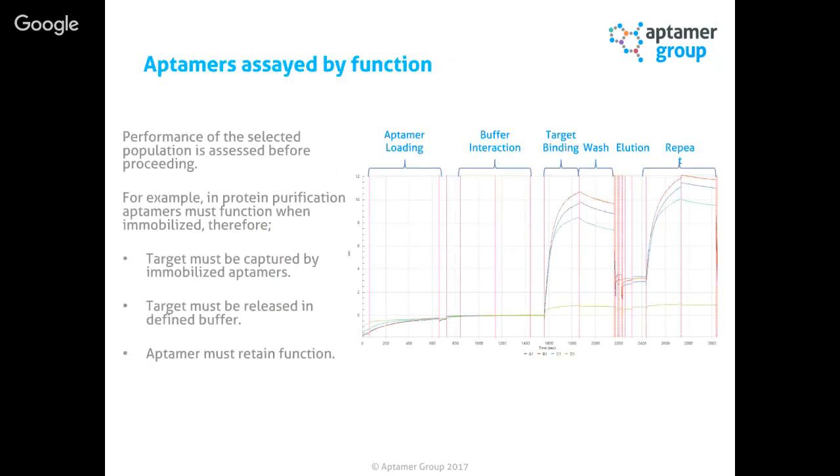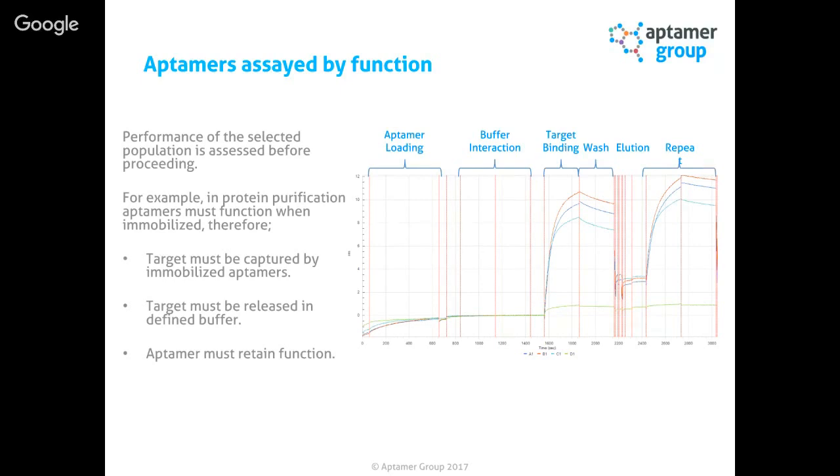And as I mentioned, we always start with the end in mind, and we also screen by function with the end in mind. So in this case, this is one of our AptaBind projects where we're looking for aptamers that bind the target, but also let go of it. In this situation, we immobilize the aptamer on the surface, because that's what you're going to do on a column, and show that there's no specific interaction at all with the buffer matrix.